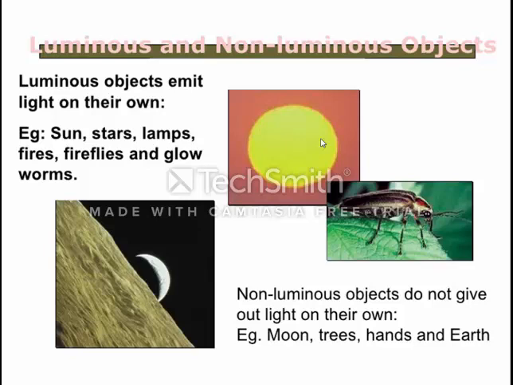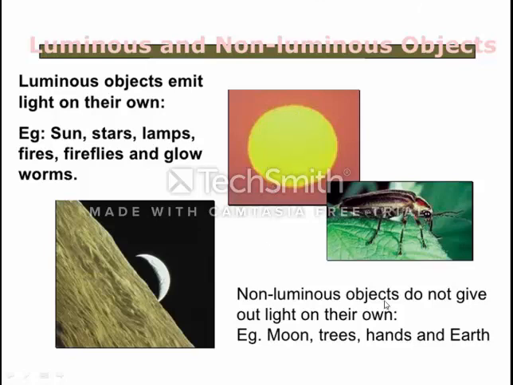Basically, whether objects have their own light or depend on others, we classify objects into two categories: luminous and non-luminous. Luminous objects emit light of their own, like sun, star, lamp, fires, fireflies, and glowworms.